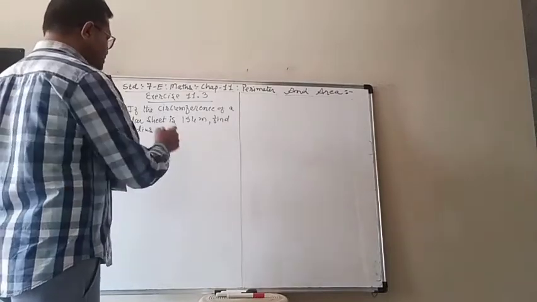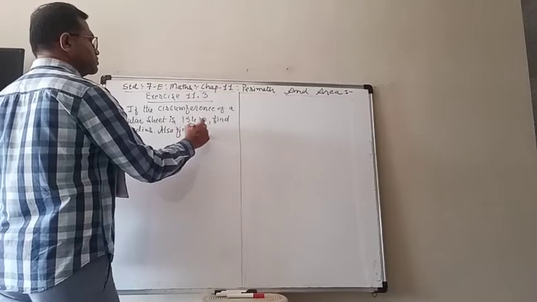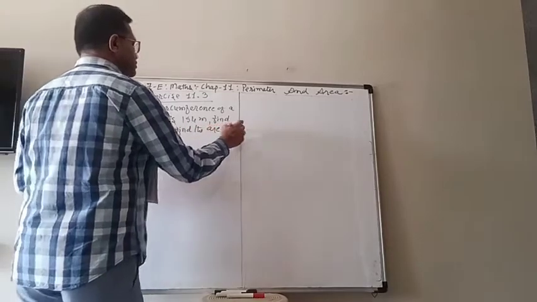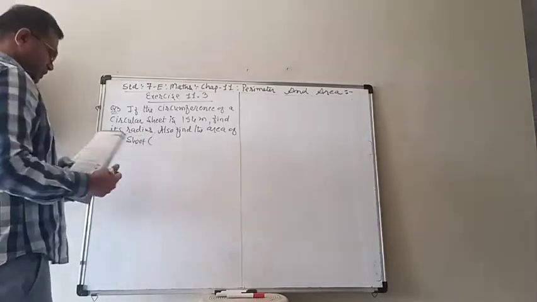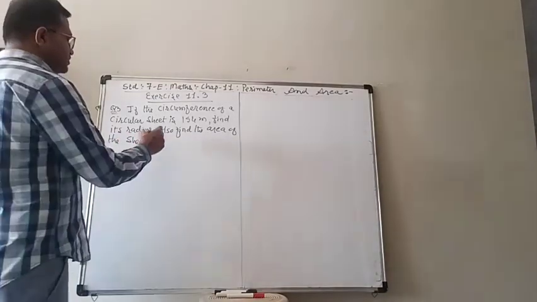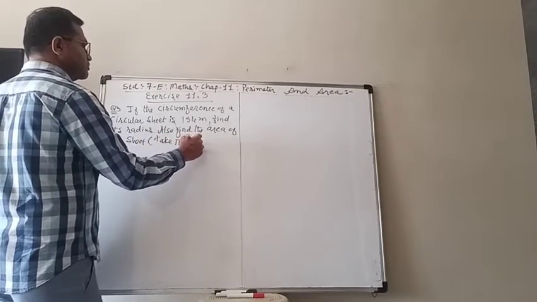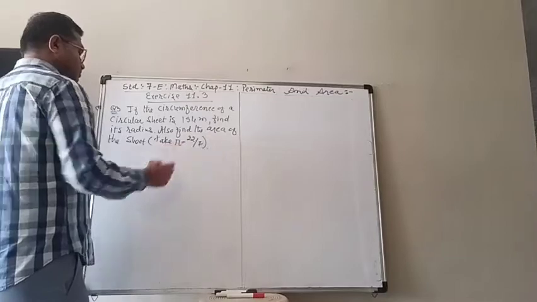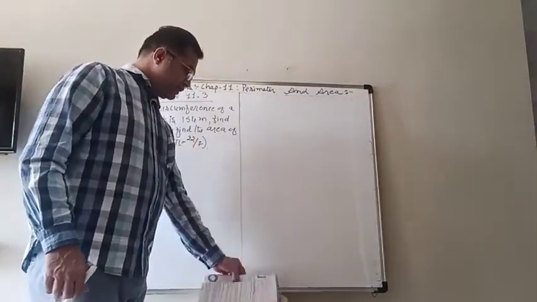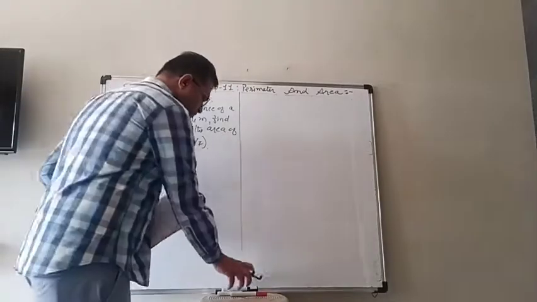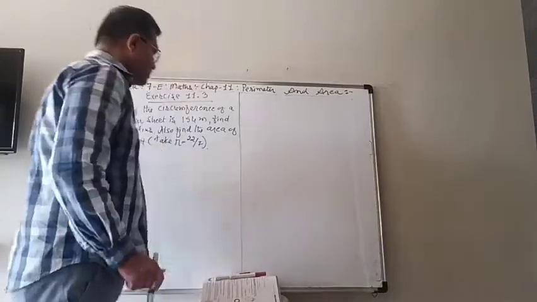Also find the area of the sheet. We are given that take pi equals 22 by 7. So now circumference is given. First we have to find the radius from the circumference and then also find the area.